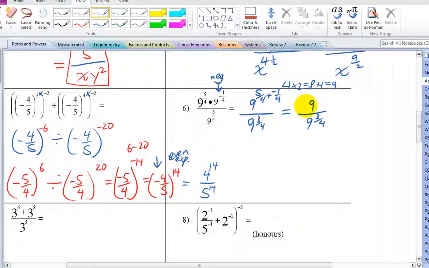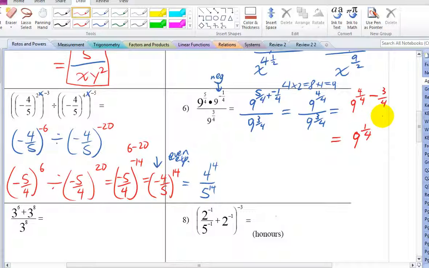What are we left with? 5 minus 1 is 4 over 4. Okay. Let's not change that yet, because now what we should do is divide. What do we do when we divide the same base? Subtract. So 9 exponent 4 over 4 minus 3 over 4. That equals 9 exponent 1 over 4.